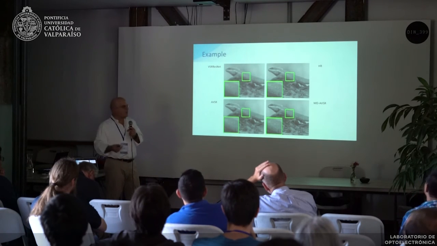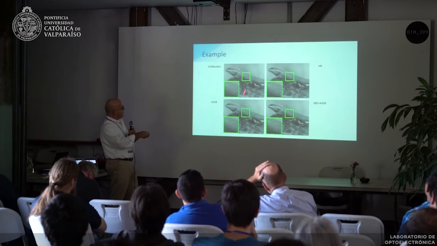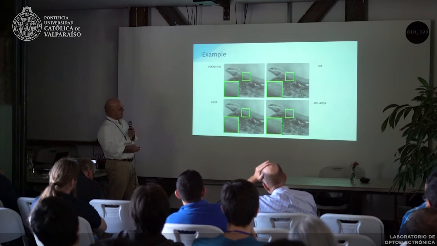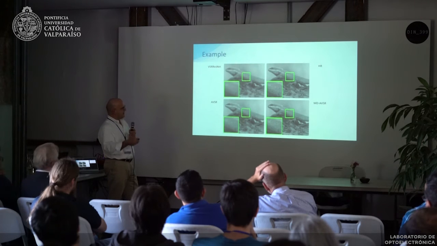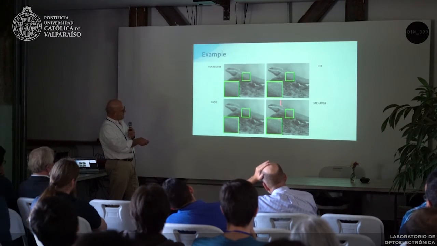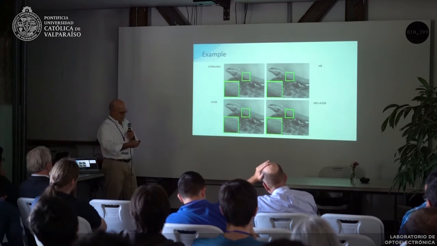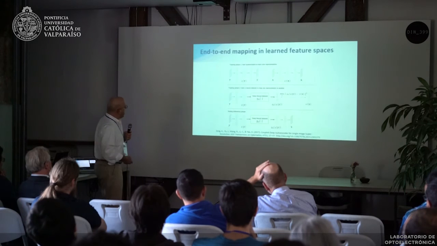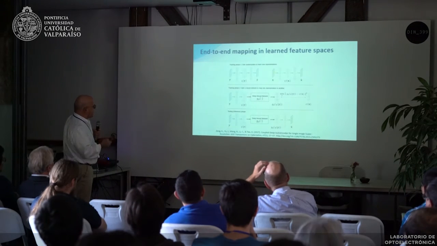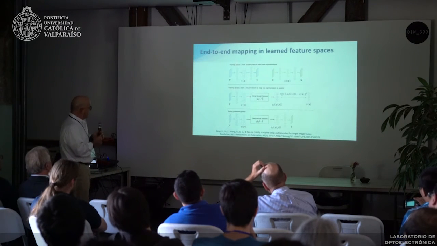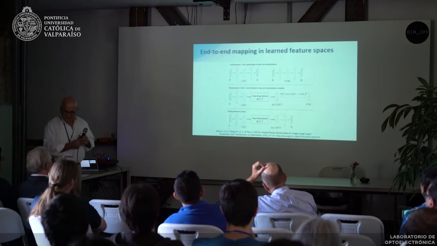So there is a mismatch between the models, and as expected, you see something blurry. But utilizing this network, this affine GAN, you see that we can do a much better job. It's not the original, but nevertheless, it's considerably improved over what we get otherwise. And of course, you can think of this as end-to-end mapping as well.